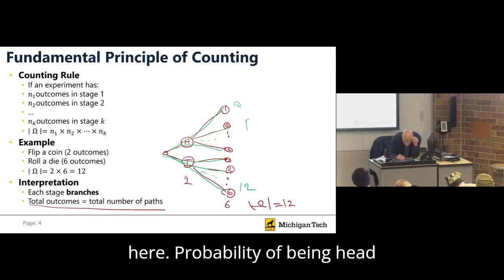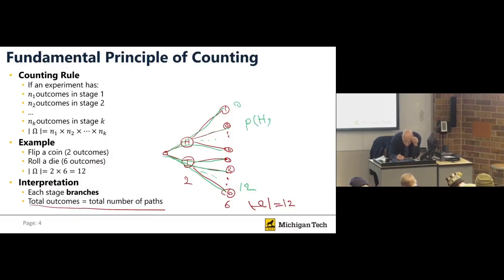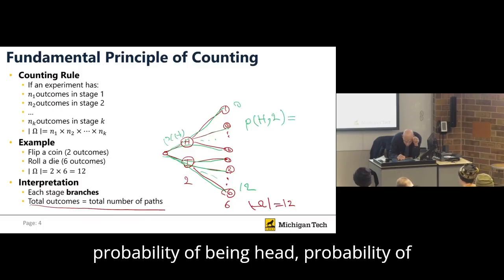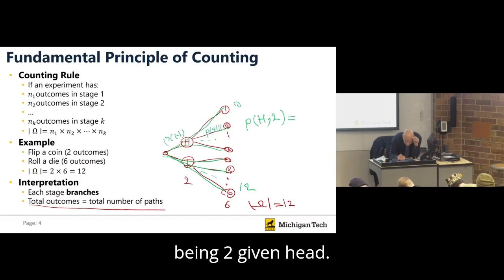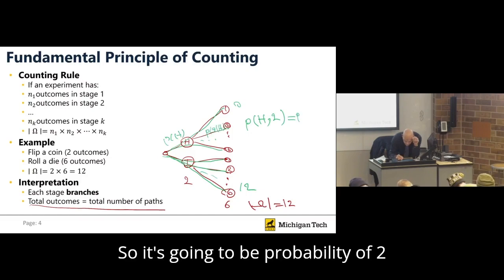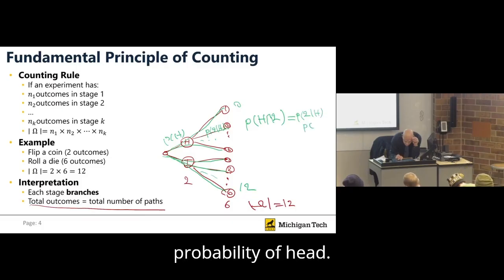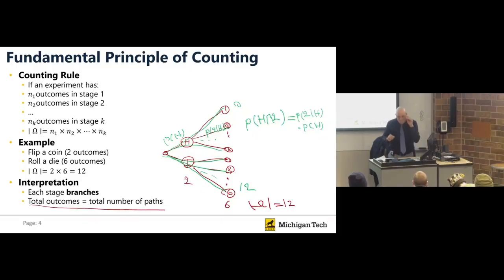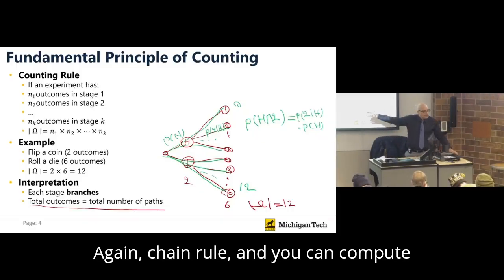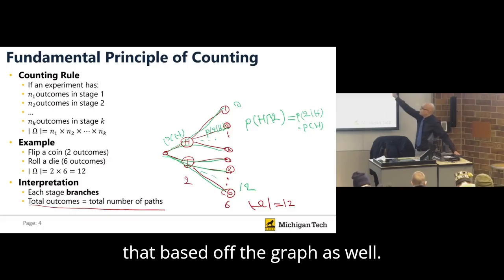You don't have a space here. Probability of being head and 2 is equal to probability of being head times probability of being 2 given head. Okay? So it's going to be probability of 2 given head, this is and, okay? 2 given head and probability of head. Again, chain rule, and you can compute that based off the graph as well.